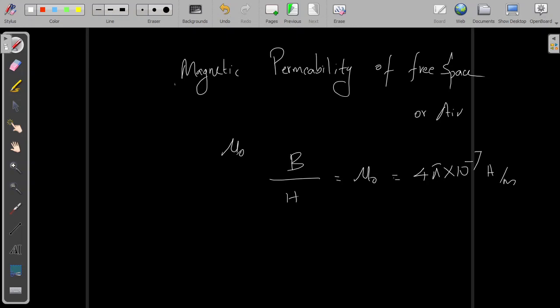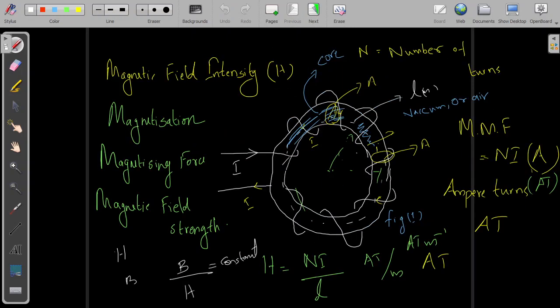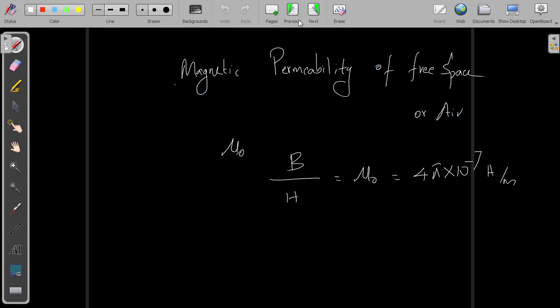Now if you want to find out the flux density at a point inside this core, I'm considering a point P. If you want to find out the flux density at this point, given the magnetizing force, then the relation you have to use is B at that point, B will be equal to mu 0 H, that much Tesla or Weber per meter square.